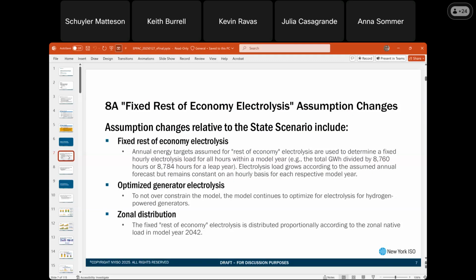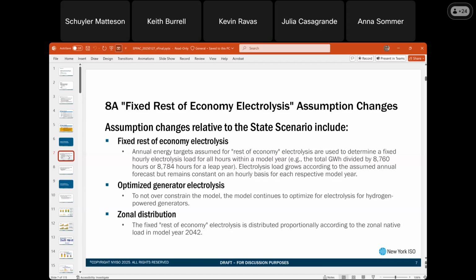But the fixed rest of economy electrolysis, as it was modeled in the state scenario, is an annual target, and these annual targets are based on assumptions from NYSERDA's integration analysis. And it's a target that basically grows the amount of electrolysis that must be served throughout our model horizon.